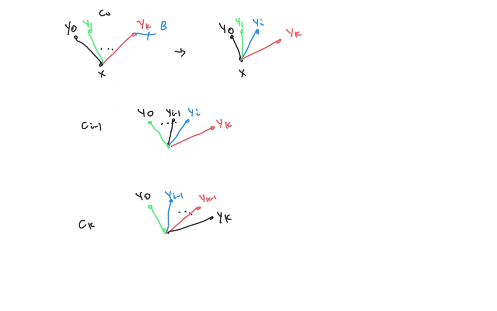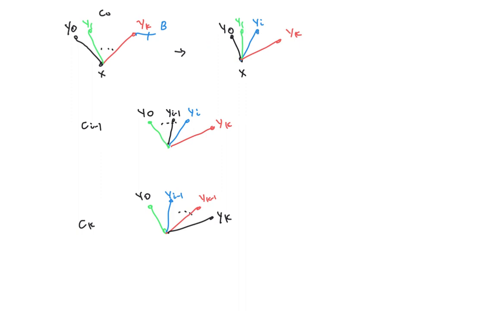And so the first part of the argument was showing that this missing color has to appear on one of these edges coming before, say Y_i. And so then we have these other new colorings. Now that we're at the end of the proof, we see these are the only 2 colorings we actually care about. The idea is C_{i-1} is given by having every color before Y_i jump 1 to the left.